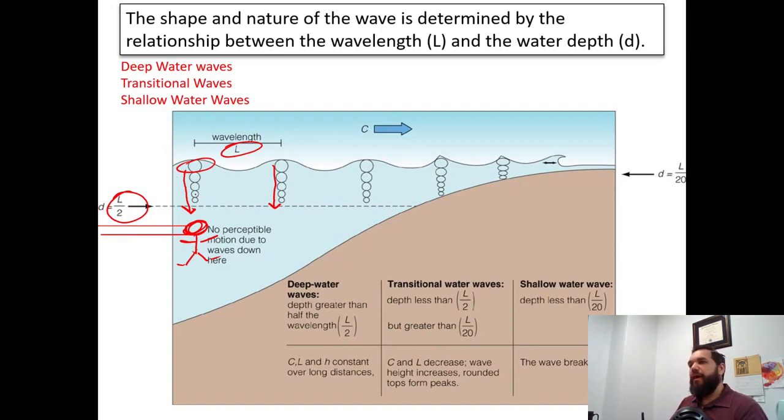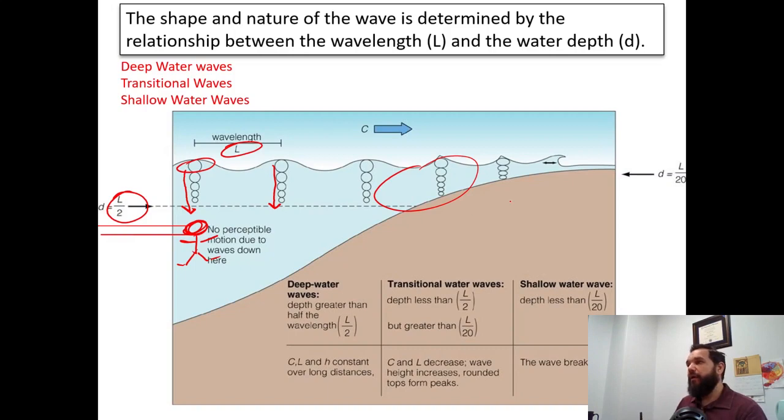Now once you get to this area, the wave has become shallow enough that the depth is less than half the wavelength. So at this point, the wave starts to feel the bottom.